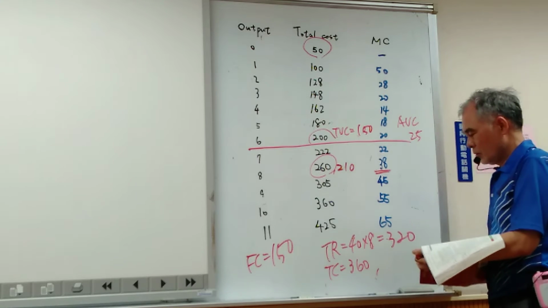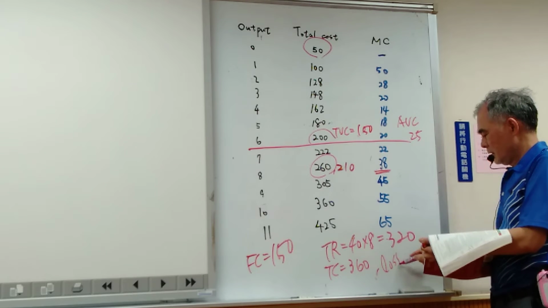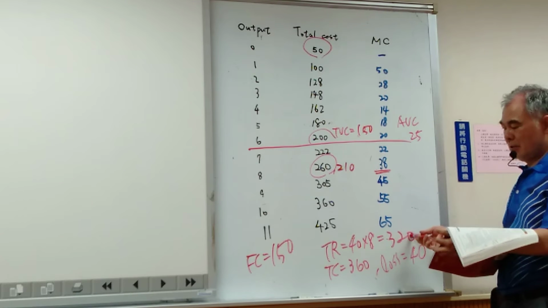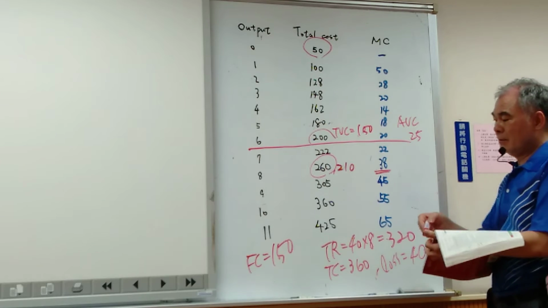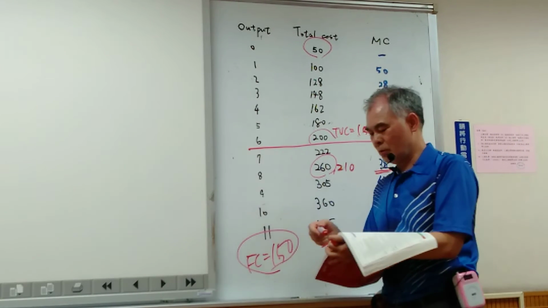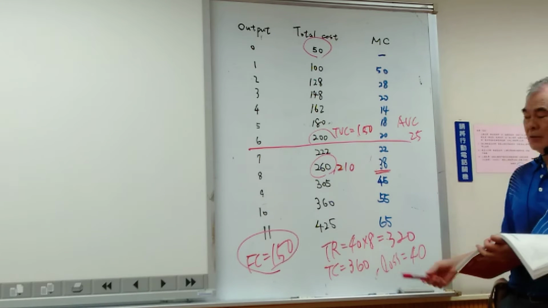That means now you have a loss. The loss is 320 minus 360, so the loss is equal to 40. But the fixed cost is 150, so you should continue to produce.